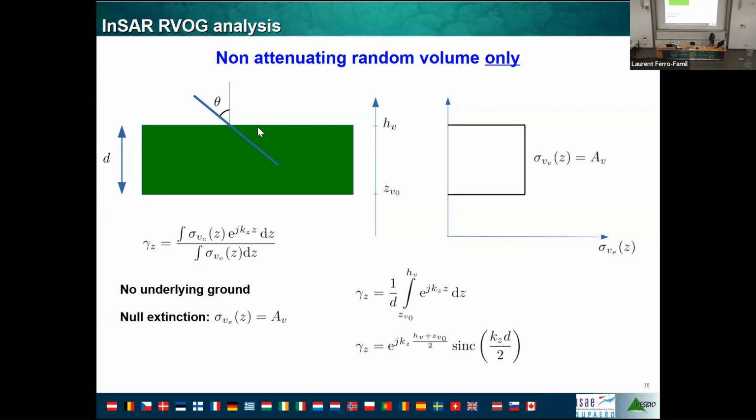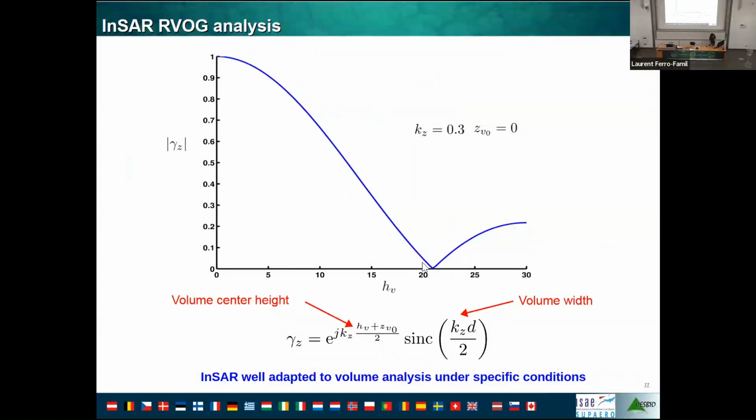If you consider that the volume has no noticeable attenuation, it scatters back some energy but does not attenuate the wave too much during propagation, then the relationship between this distribution of energy and the coherence is a Fourier transform. You may know that the Fourier transform of a rectangle is a sinc. So we get a sinc-shaped coherence.